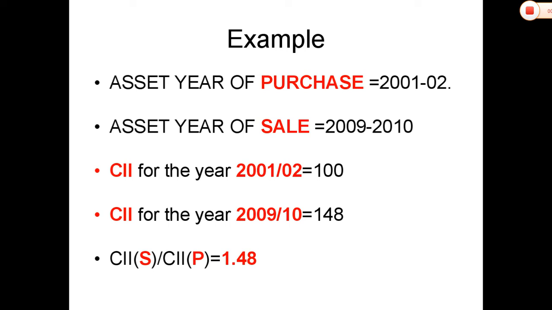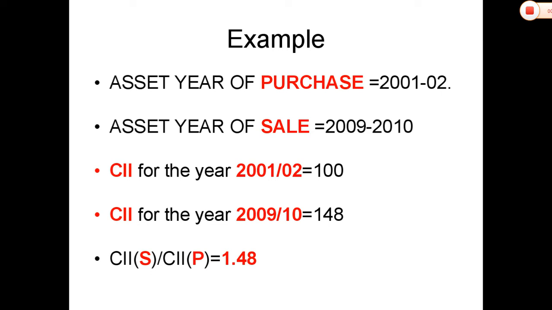The year of sale. For example, if you bought it in 2001 to 2002 and you sold it in the year 2009 to 2010, you have to go online, go to the IT website, and find out the cost inflation index for the year 2001 to 2002.